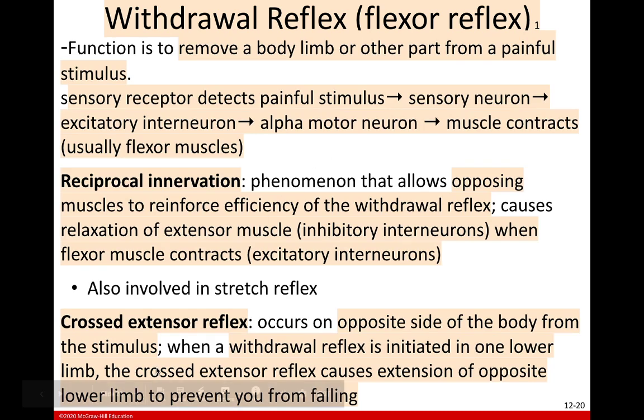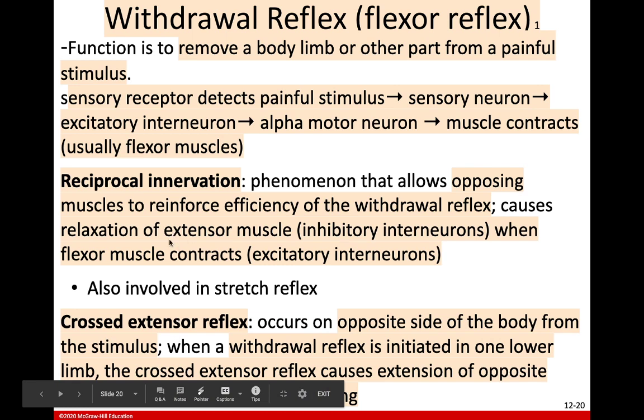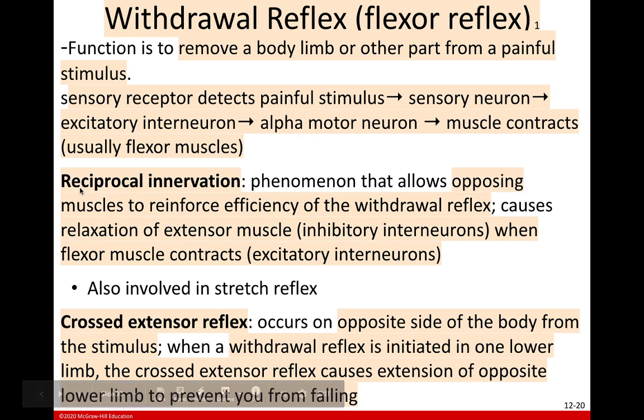We have two different things that we're going to look at with this. First of all, we have reciprocal innervation. Basically, if we're going to activate this flexor to contract so that we can flex to pull our arm away from that hot pot, then we also need to relax our extensors. Okay, we want to contract our brachialis, our brachioradialis, our biceps brachii.